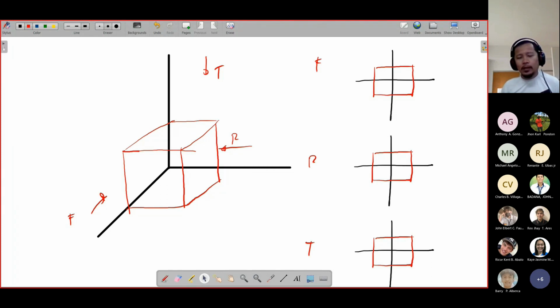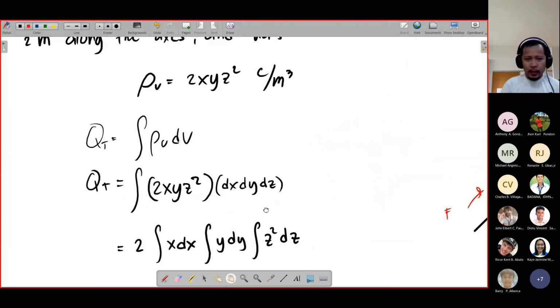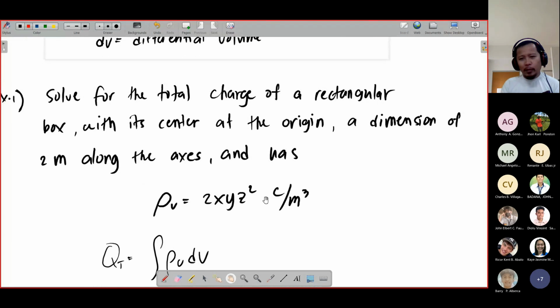Now, the question: what are the limits? First, what are the limits on the x-axis? Now remember, the dimension is 2 meters.